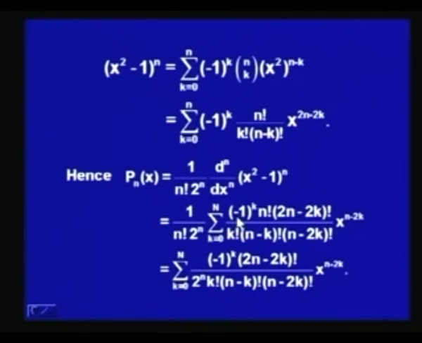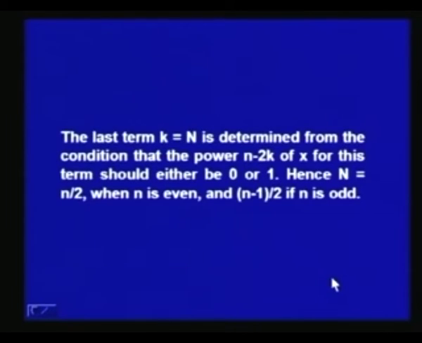So, when n is an even integer, this N will be equal to n/2, and when n is an odd integer, this N will be (n - 1)/2, and thus we have sigma k equal to 0 to N of (-1)^k (2n - 2k)!, n! will cancel, and we have 2^n k! (n - k)! (n - 2k)! x^(n - 2k).